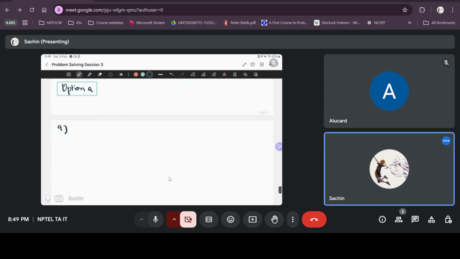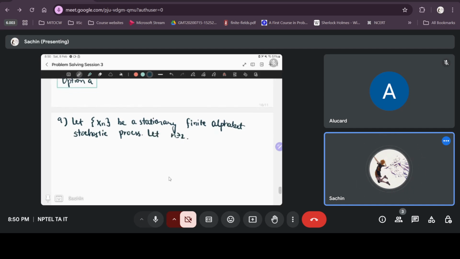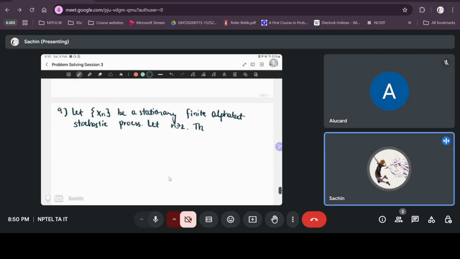Question 9. Let Xn be a stationary, finite alphabet stochastic process. Let n be greater than or equal to 2. Then which of the following is true?